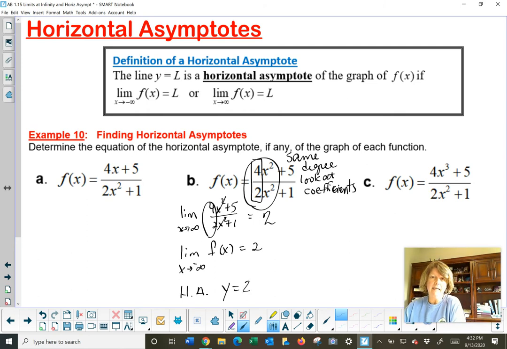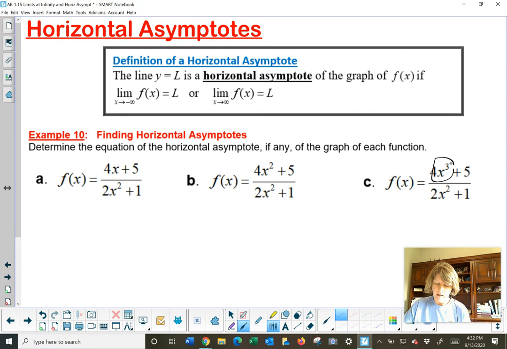And C, I noticed that the degree of the numerator exceeds the degree of the denominator. I've got a higher degree in the numerator, don't I? That means that it is going to dominate this function, and it's going to grow quickly, either to positive infinity or negative infinity. Now, I think we better analyze this one separately.